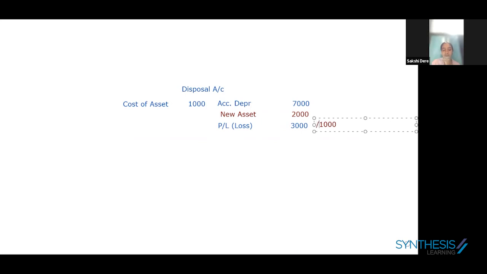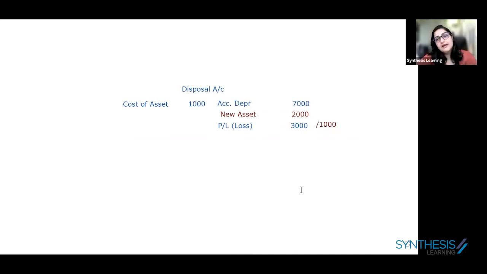So what have I done? I have overstated my loss. So I've understated the asset plus I overstated the loss. Samjha how with that one entry your books of accounts, your financial statements are getting impacted.